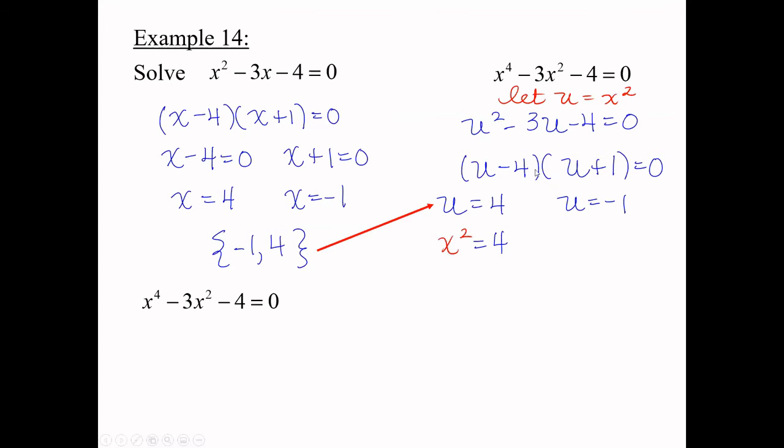I'm not done yet because now I've got to go in and replace this u right here with an x squared, and I'll go ahead and solve that. Square root of this, square root of that, plus or minus, and I get plus or minus 2 for my answer. Over here, replace the u with x squared. Uh-oh, we're going to get an imaginary number.